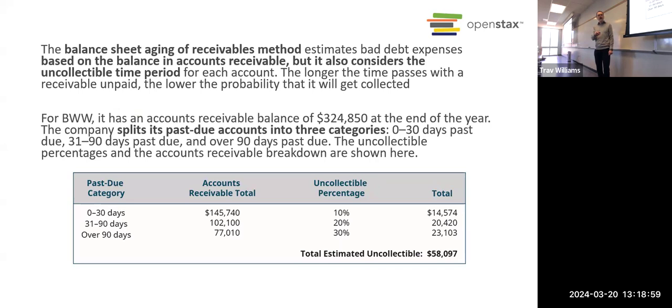You could look back and see what percentage of customers tend to not pay you if they're in one of those categories. And then you can just multiply the amount times the percentage to get your estimated bad debt, add it all up, and that would be the bad debt estimate using the aging method.